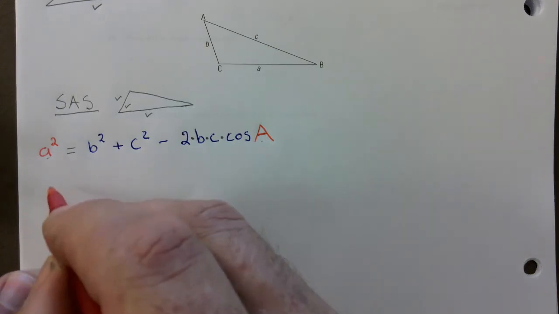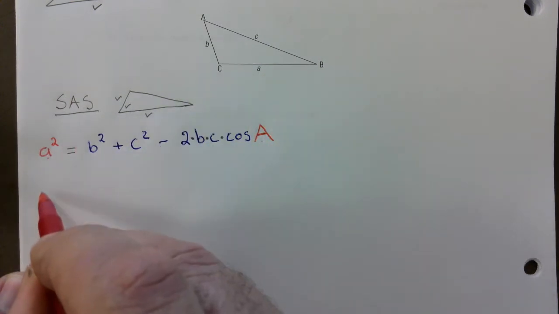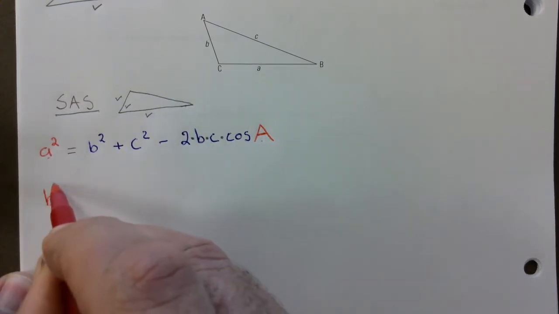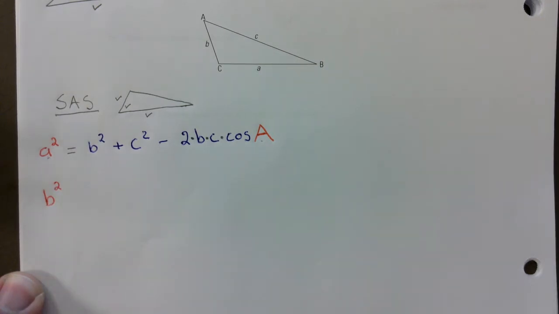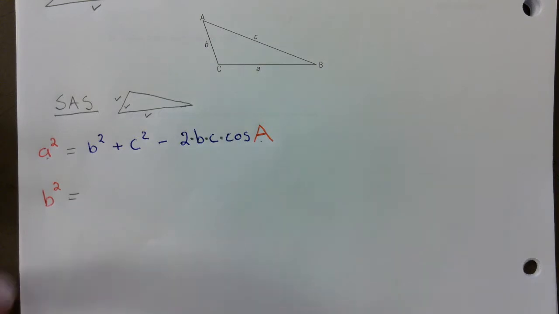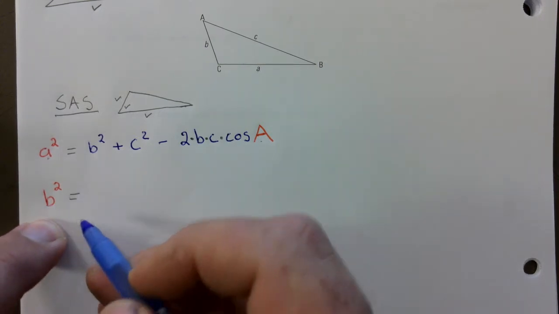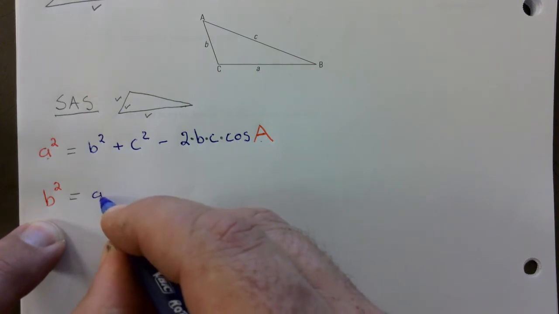Another version of this is if you wanted to solve for side B. You go b squared is equal to, so watch this, if b is over here, you're left with which two sides? A and c, right?